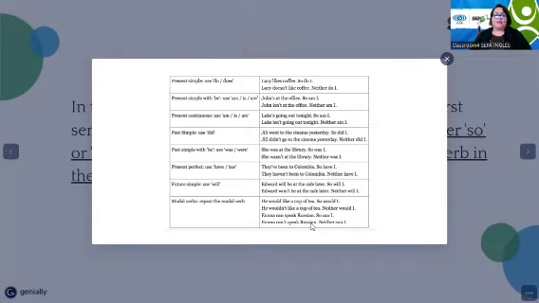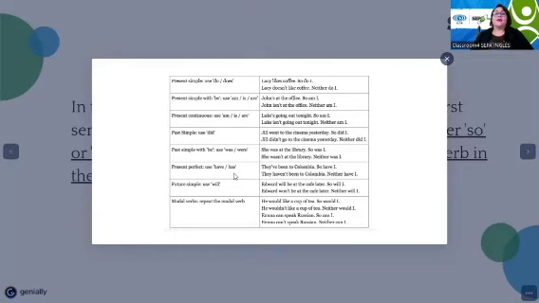Okay, if you compare, using the auxiliary verbs depends on the main sentence, and we have to follow the rules according to the different structures. If I'm talking about the simple present, the auxiliary is do or does. If I'm talking about the verb to be, it's is, are, or am according to the person of the pronouns. If I'm talking about the past simple, I'm going to use the auxiliary did for everything. And about was and were, there is no problem. I'm using was for he, she, it, and were for we, you, they.